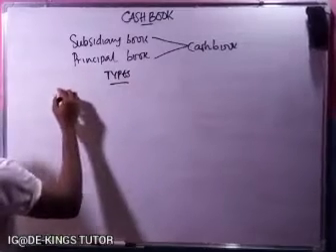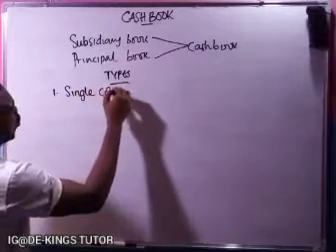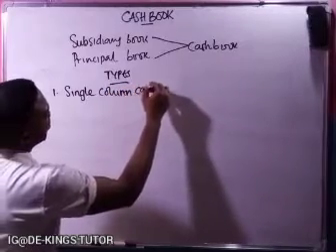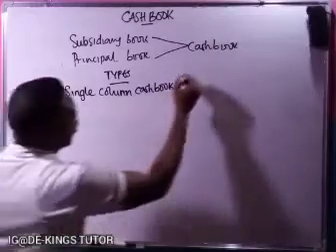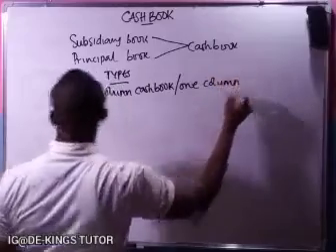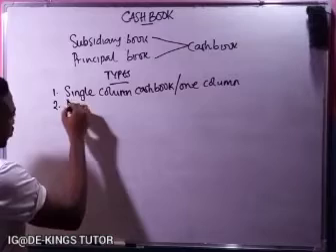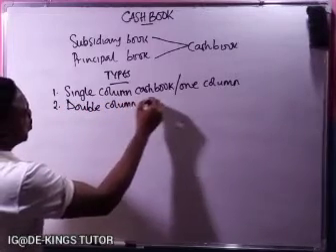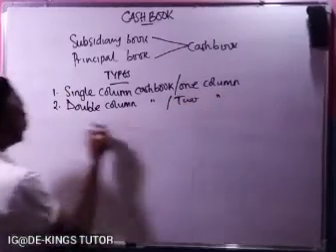The first one is the single column cash book, or what we call one column. In some texts, you see one column cash book. We also have the double column cash book, or what we call two column.